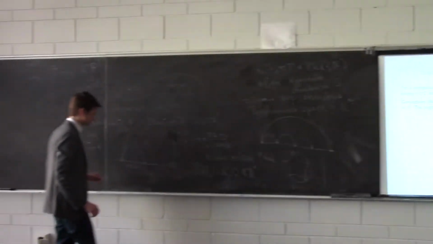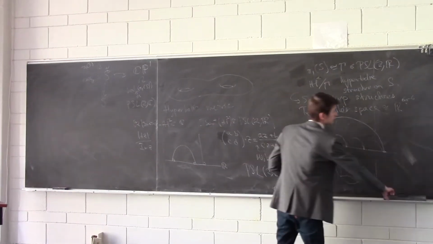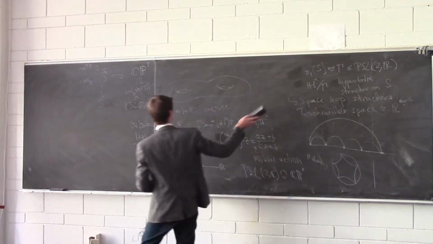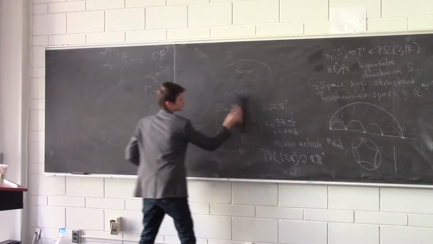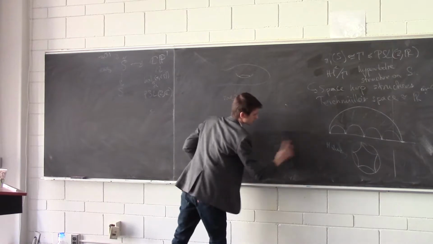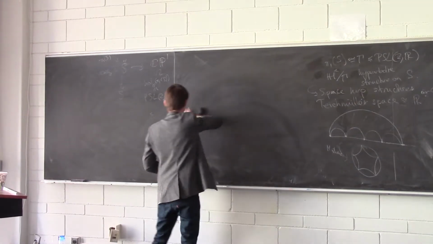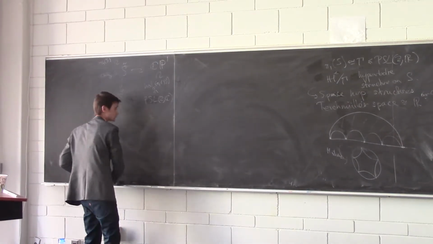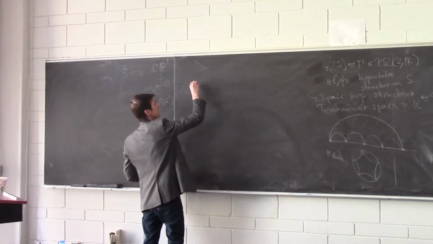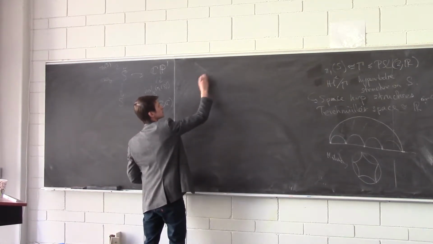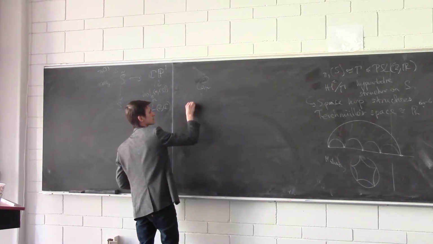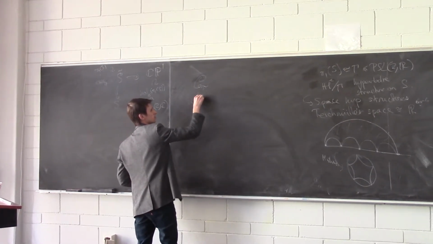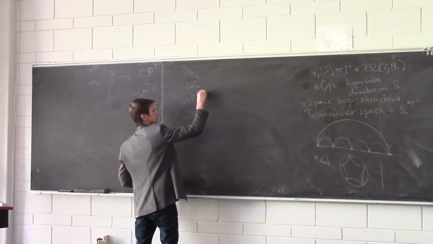So what is this map that I'm talking about? What is the forgetful map? Let me erase this bit right here, since we're not dealing with metrics anymore. So we have the space curly C of tau, right? This is the space of pairs, sigma and circle packing.